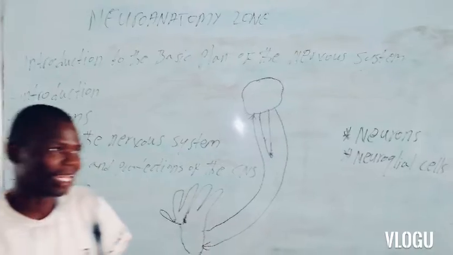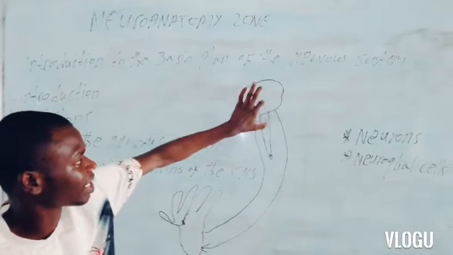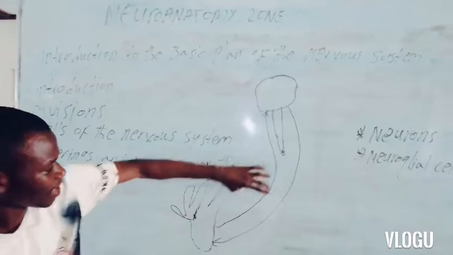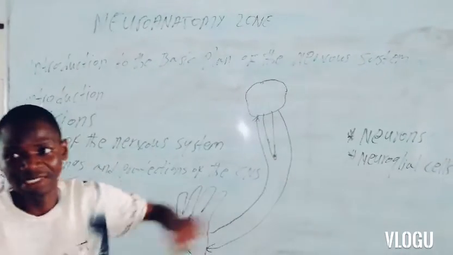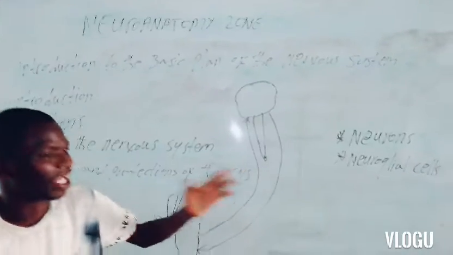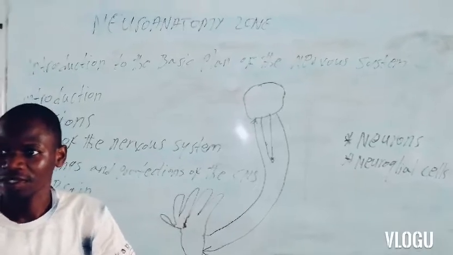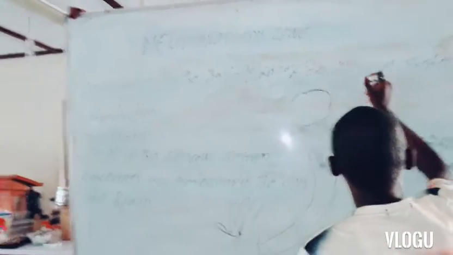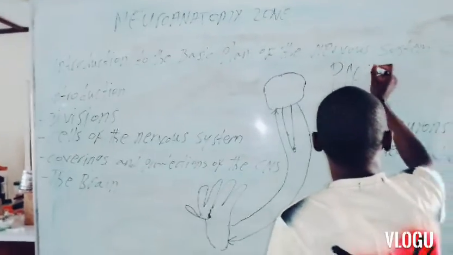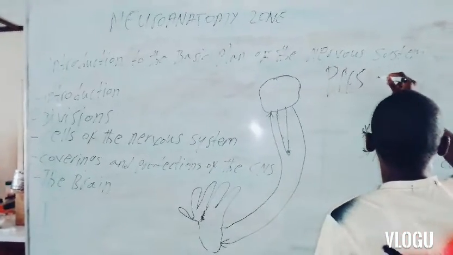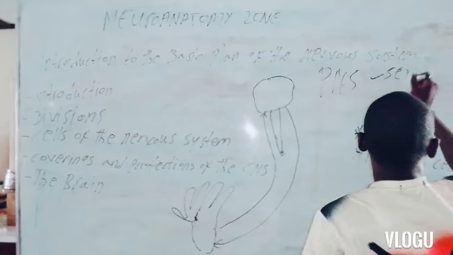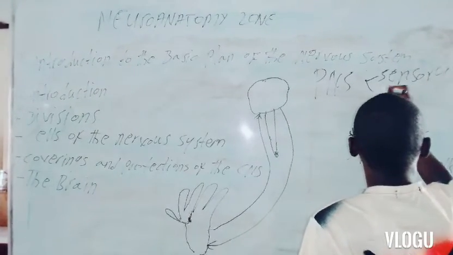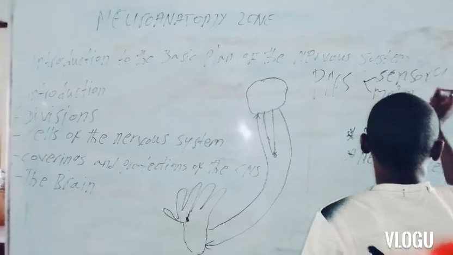The central nervous system is made up of the brain and the spinal cord, while the peripheral nervous system is divided into sensory parts and motor parts.